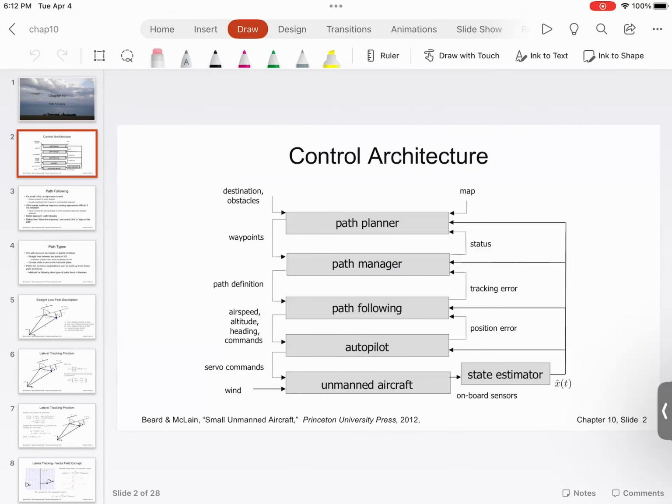So this is the control architecture that we have been looking at. We looked at the unmanned aircraft. We looked at the state estimator, which is the Kalman filtering. Then we take the input from the state estimator and feed that to the autopilot. The primary function of an autopilot is stabilization.